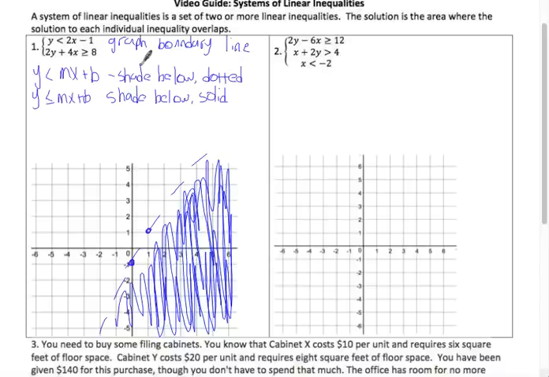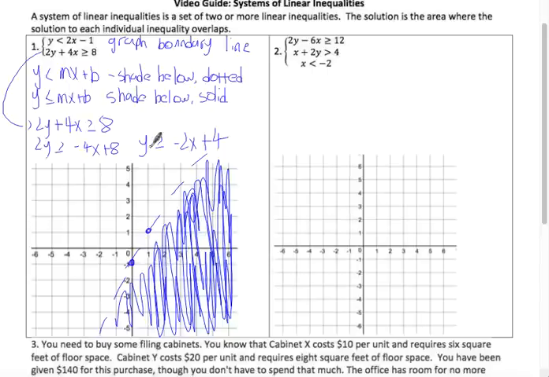So this one, if we solve this for y, we get 2y is greater than or equal to -4x plus 8, and then y is greater than or equal to -2x plus 4.